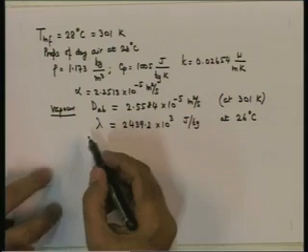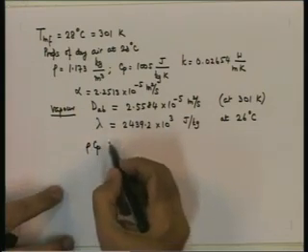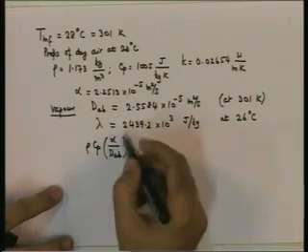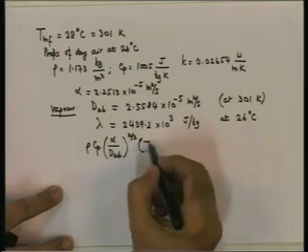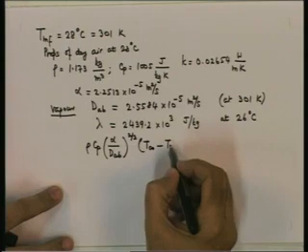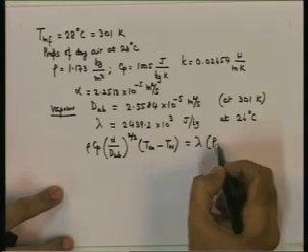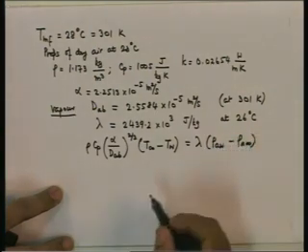Now we have the expression for a wet bulb thermometer, rho Cp alpha by DAB raised to 2 by 3 into T infinity minus T wall equals lambda into rho AW minus rho A infinity.